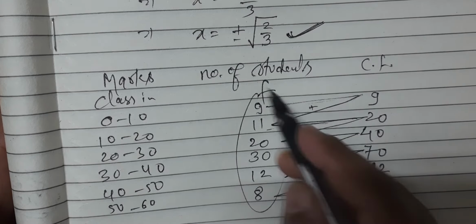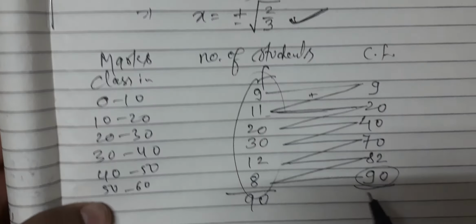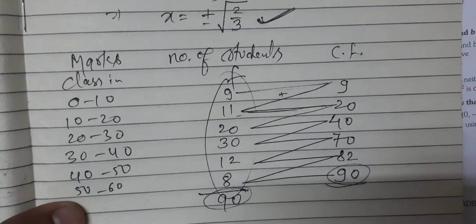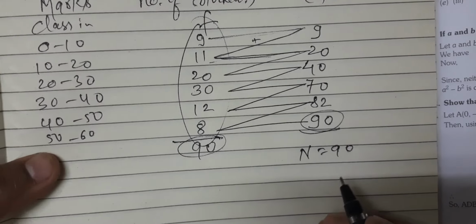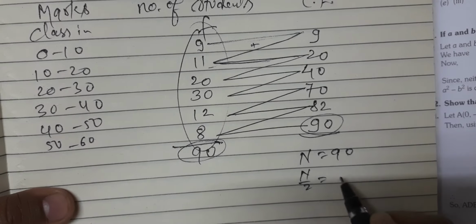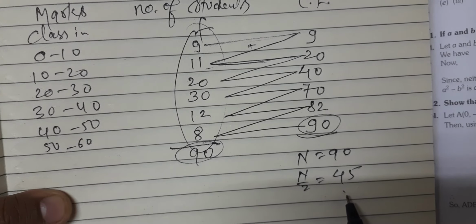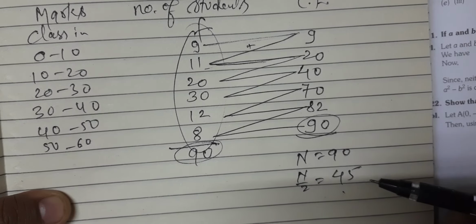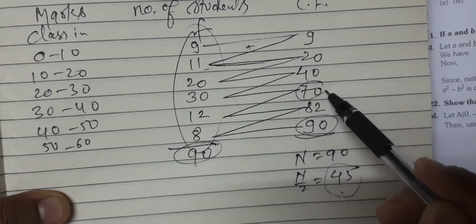When you find the sum of these frequencies, you will get 90. The last number of the cumulative frequency and the sum of frequencies should be equal. So here N is 90, and N by 2 is 45. The cumulative frequency which is immediately next to 45 is 70; before it is 40 and then 70.